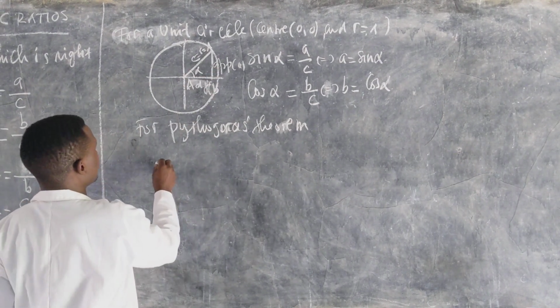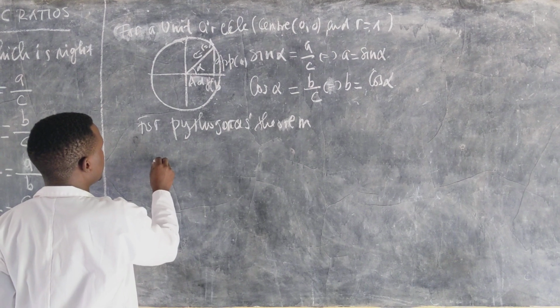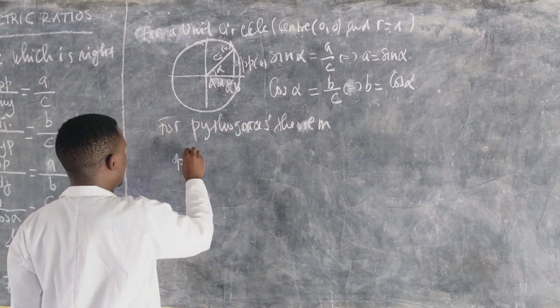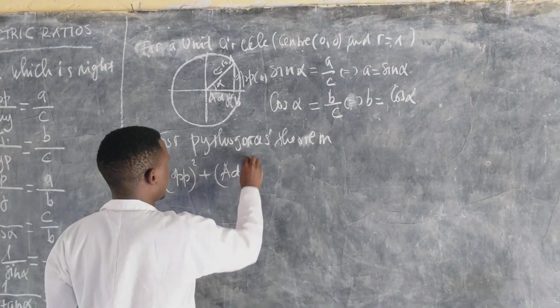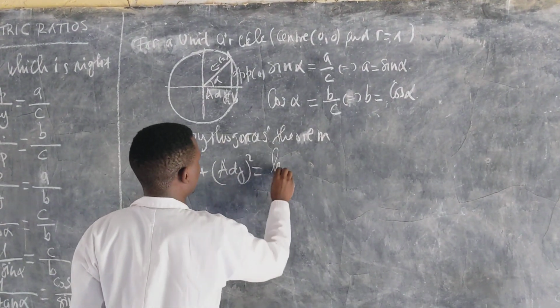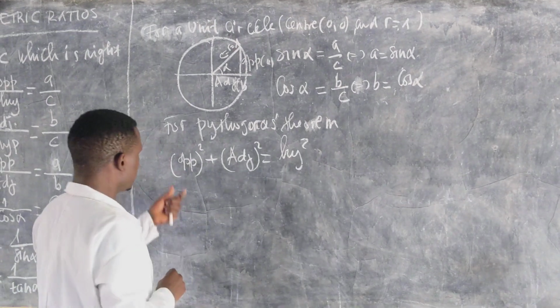So we can have opposite square plus adjacent square is equal to the hypotenuse square.